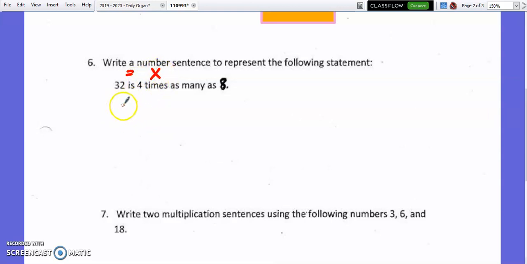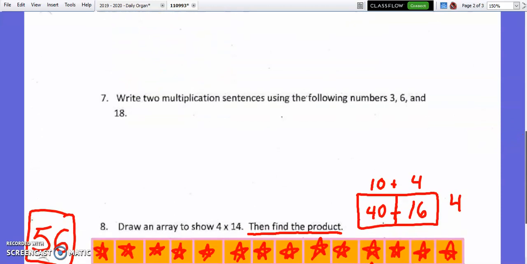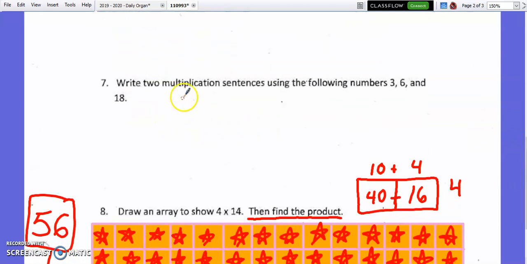So when I rewrite the number sentence to represent this, I need to put the 32 first because that's how it's stated here. Is can get replaced with an equal sign. 4 comes first, then my multiplication symbol, which is followed by 8. In the bottom, it's a little simpler. It says, write 2 multiplication sentences using 3, 6, and 18.